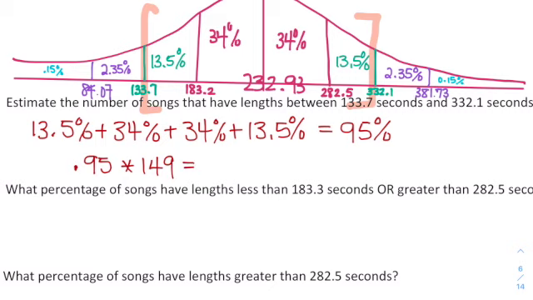That will give you how many songs are within those seconds. So 0.95 times 149 is going to be 141.55 songs. So round it up to 142 songs. Make sure you have units, because if you put down seconds, it will be wrong.